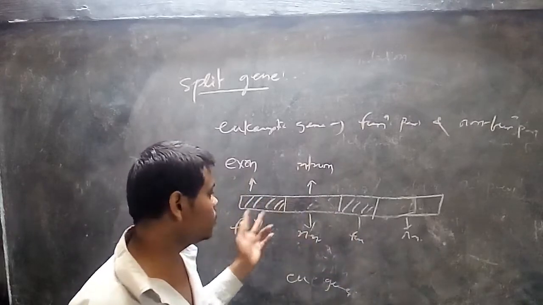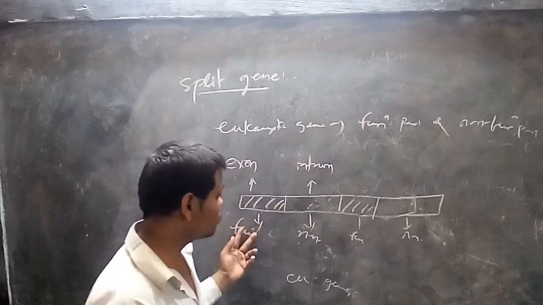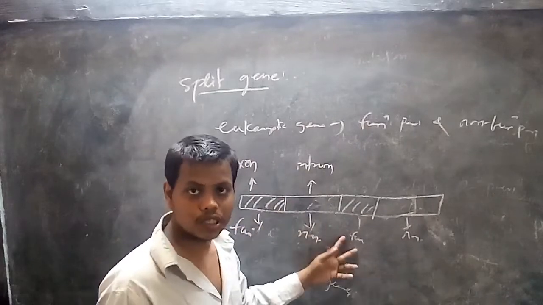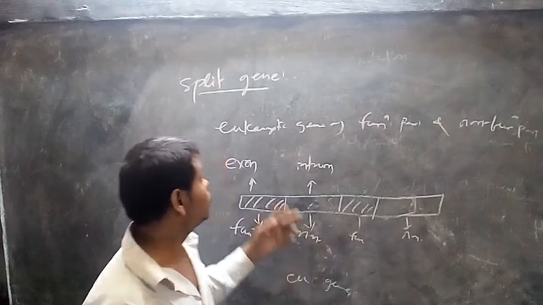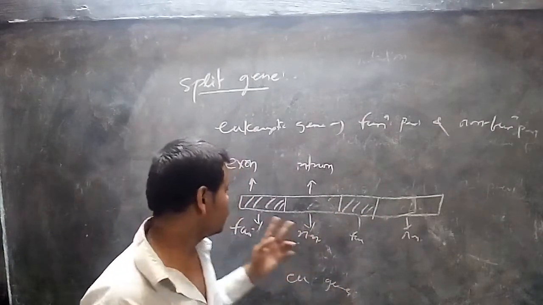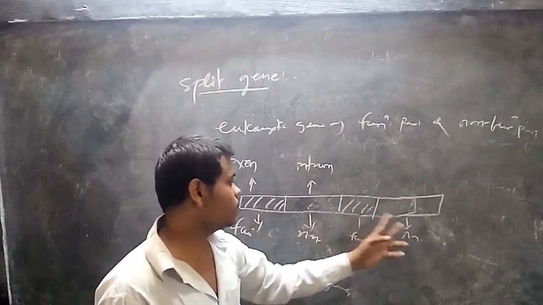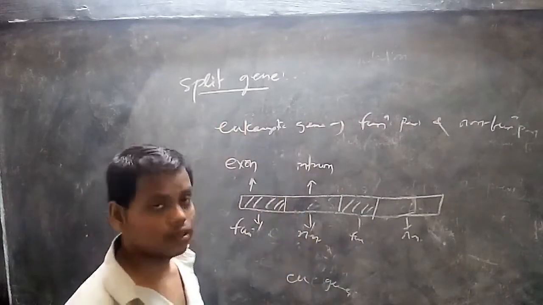One functional part, one non-functional part, another functional part, another non-functional part. Split refers to separation. Here the functional parts are separated by non-functional parts. That's why it is called a split gene.